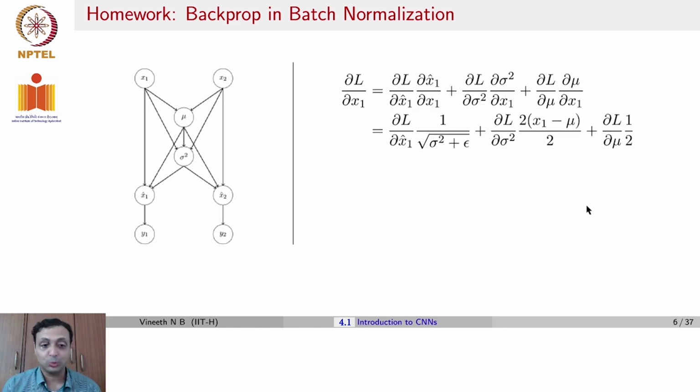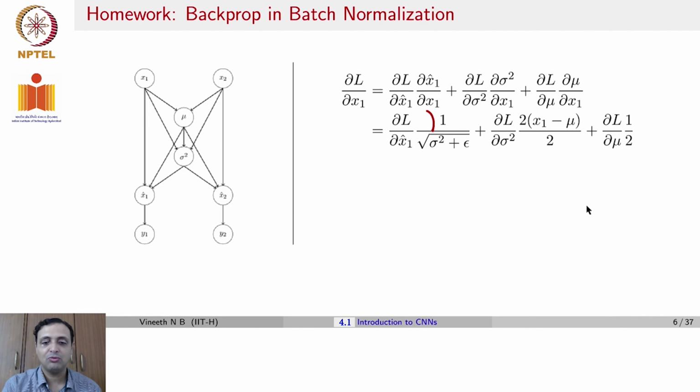Finally, ∂L/∂x1, that's the final gradient that you need to be able to compute to backpropagate to earlier layers. That is going to be ∂L/∂x1 hat into ∂x1 hat/∂x1, plus ∂L/∂sigma square into ∂sigma square/∂x1, plus ∂L/∂mu into ∂mu/∂x1.